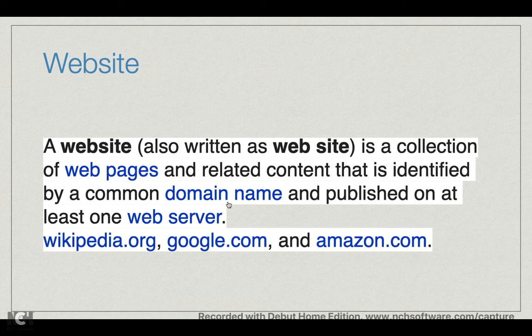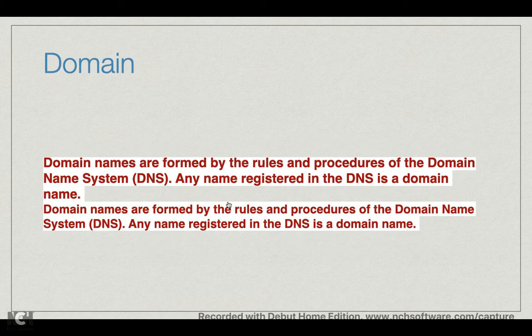Next, let's see in detail what this domain is doing technically. Domain is also a framed set of rules or procedures for how a website should be created or named. Generally we give all these names in a place called the domain name system, or DNS root.